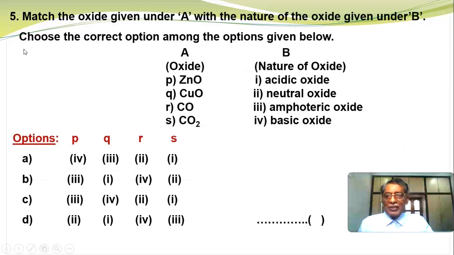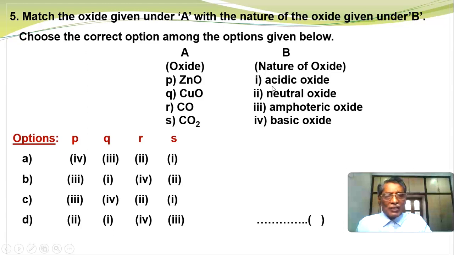Question 5. Match the oxide given under A with the nature of oxide given under B. Choose the correct option among the options given below. Under oxide, I have given ZnO, CuO, CO, CO2.